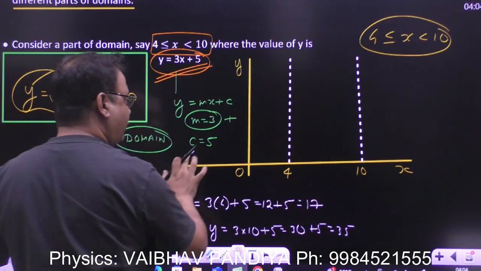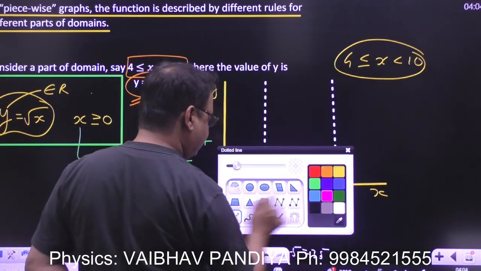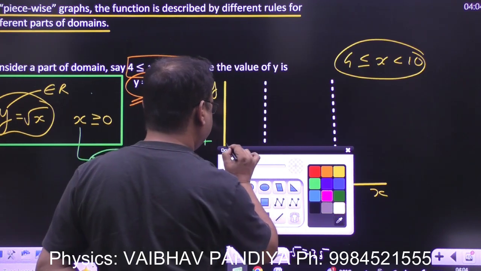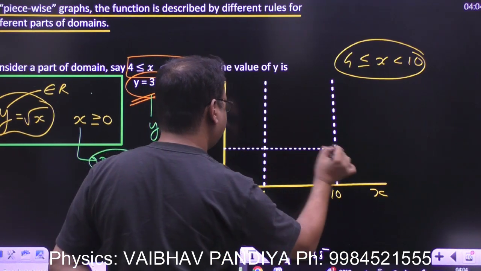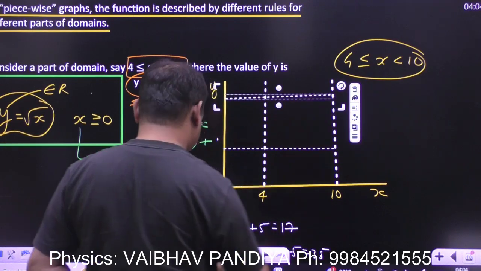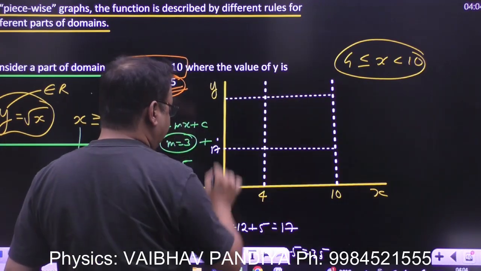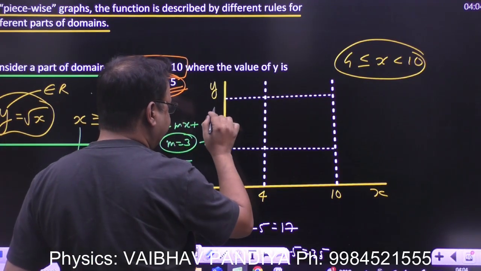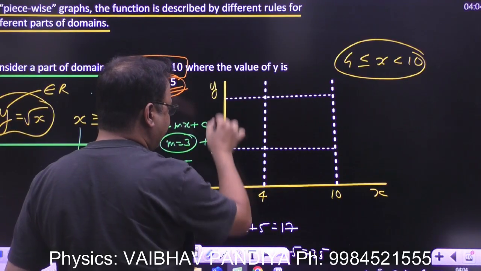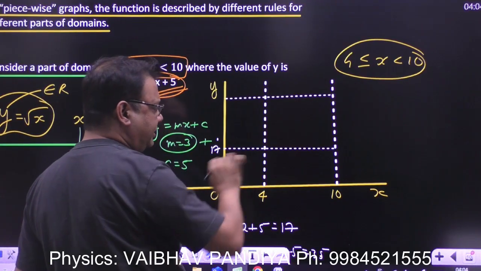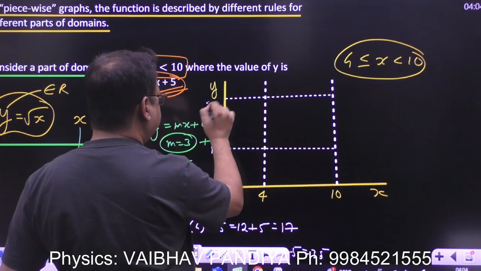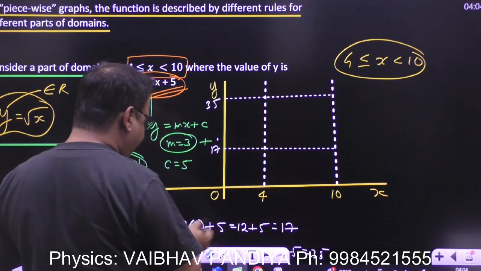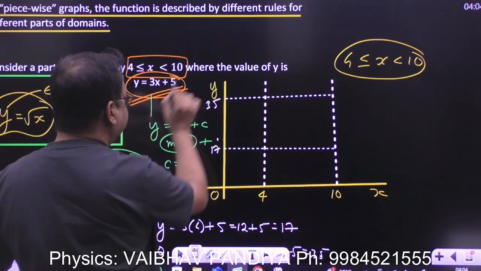Okay, so I'm plotting the two end values of y as 17 and 35. Got it? And I need not make all the plotting, neither do I need to make the plots according to scale. When I'm making the graph, we are making a freehand sketch with only the relevant points. So 17 and 35. Now when x is equal to 4, y is 17, and this value is included.